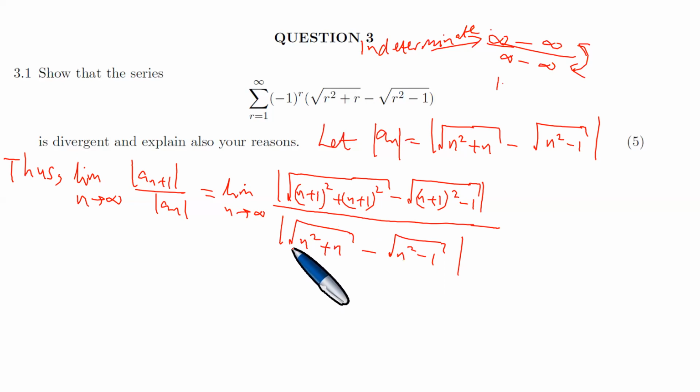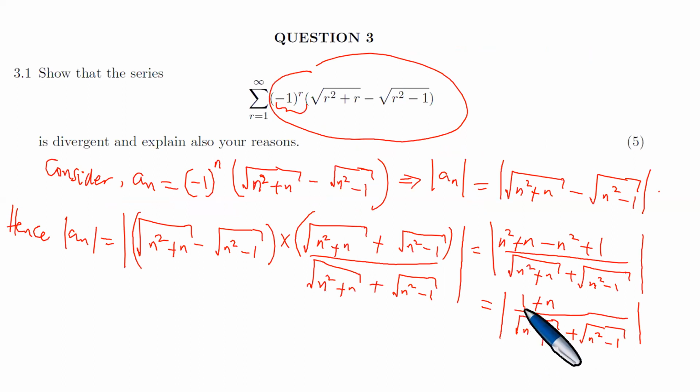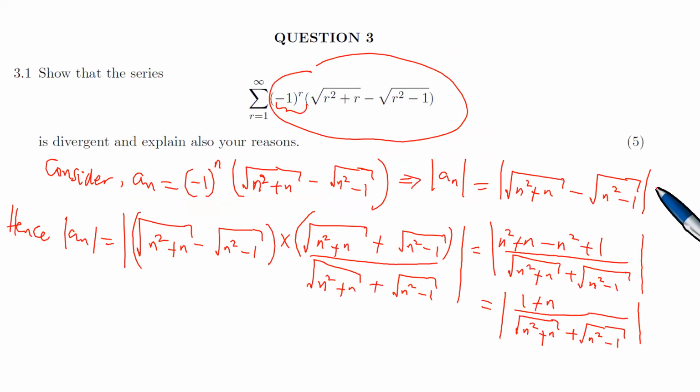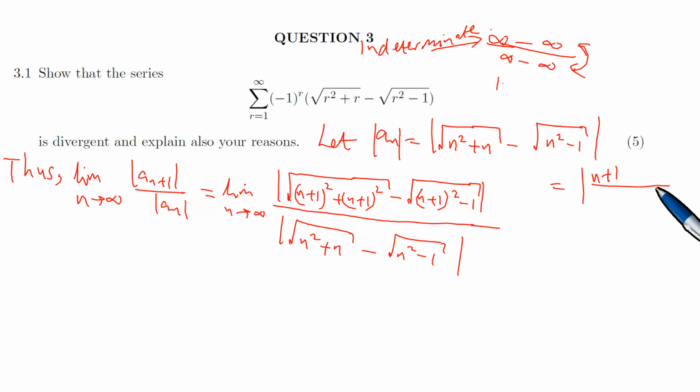If one rationalizes this, we saw that after rationalizing it becomes n plus 1 divided by n squared plus n plus the square root of n squared plus 1.